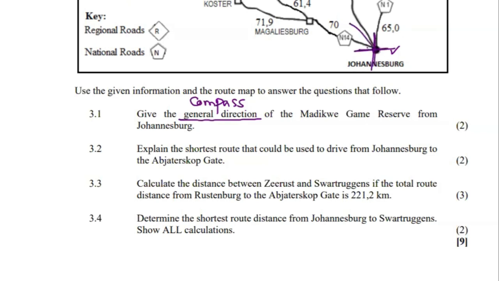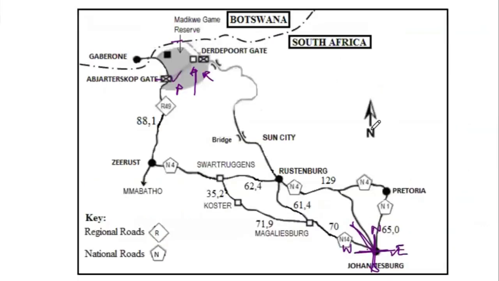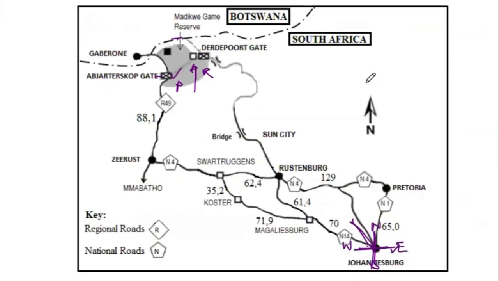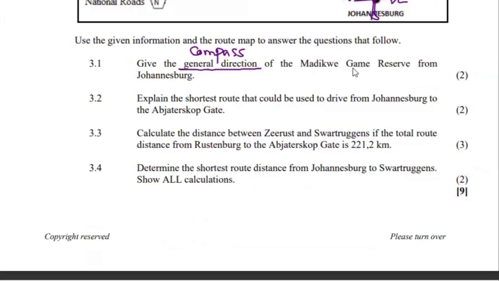We've just seen that it's in this direction here, which will become, because we believe this is north, west, east, and south. And actually, even the compass is north. So our answer here is supposed to be northwest.